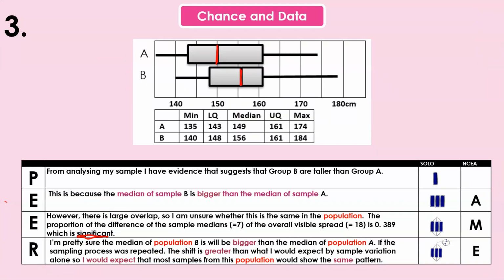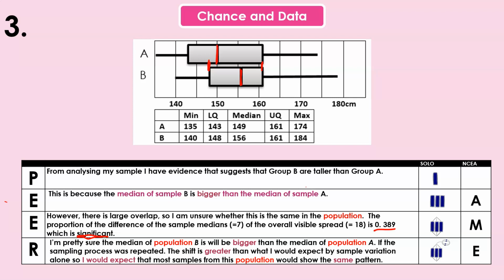In this scenario, there's so much overlap of the two box plots, or the boxes in the box plots, that we have no more evidence apart from this calculation, where we find out that it's more than 0.33. So we can still be confident, but we don't have as much evidence as we had before.